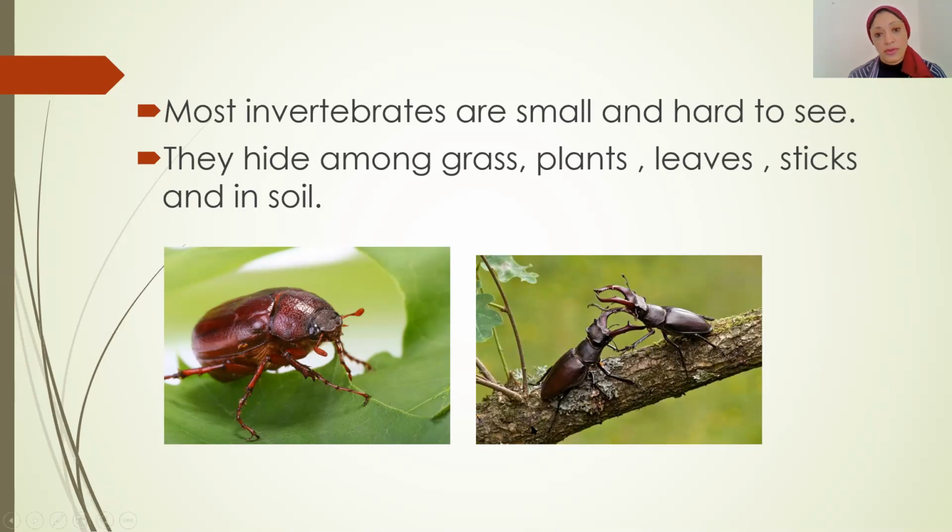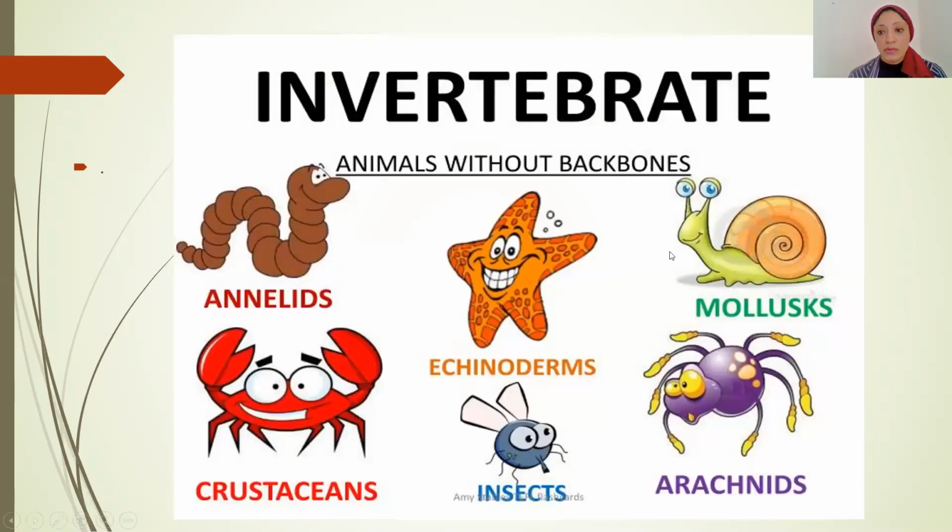these pictures. Okay. The invertebrates include a large number of groups. Because there are many of these animals, they are divided into other groups. We have the annelids, including the worms. We have crustaceans, including the crabs. We have echinoderms, including the starfish.